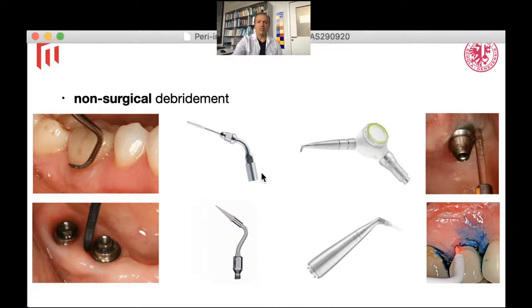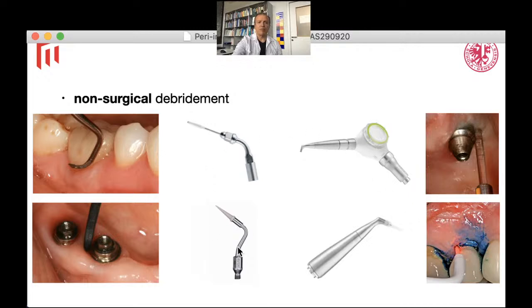Quite popular are these specific tips, ceramic or with a PEEK coating, placed on the ultrasound unit. Then, during the more recent years, the last 5, maybe 7 years, we have these airflow devices, and then we have also lasers.